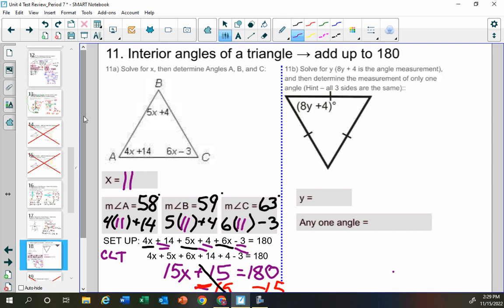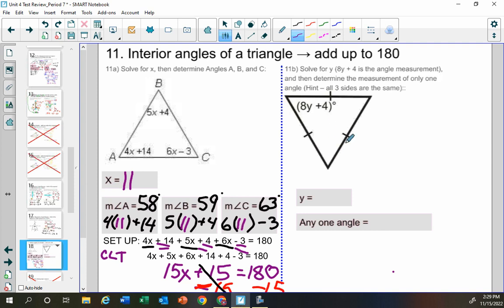Now, 11B, I realized after I made this question, all three angles are going to be the same because what do we know about all three sides? They're all congruent. So all three angles must also be congruent. Now, here's how you're going to make your life very easy.